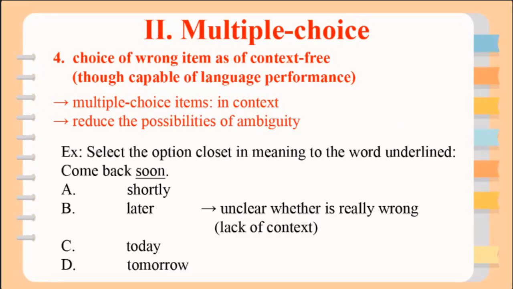Although the students are capable in the language, they may choose the wrong one. To fix it, multiple choice items need to be in context to reduce the possibility of ambiguity. For this case, it is difficult to decide whether A or B is the correct answer. More context could be provided.